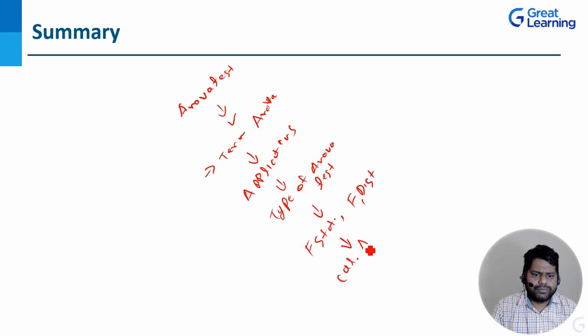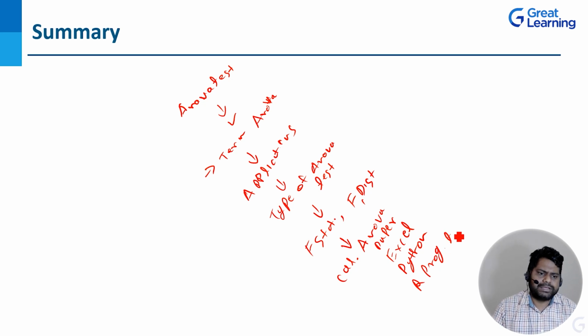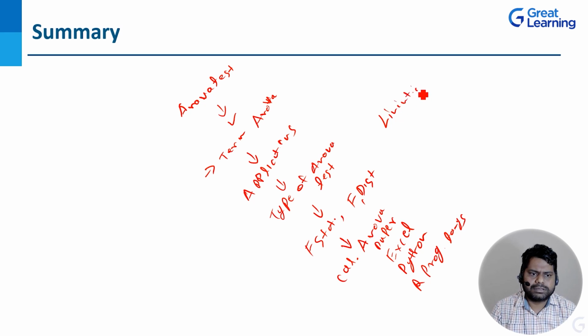Then we discussed how we can calculate the ANOVA test on paper, on Excel, using the Python programming language, and using the R programming language. We also discussed a few limitations of the ANOVA test, and some of the advantages and disadvantages of the ANOVA test.